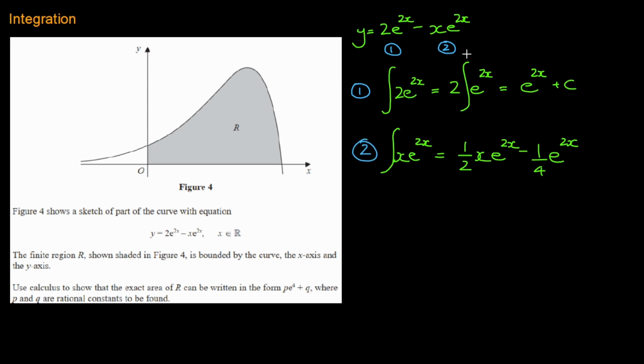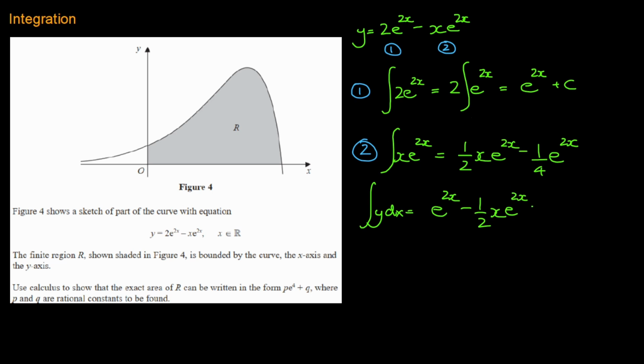of the integration of 2. So we need to pop these both together. And we get the integral of y dx is equal to the result of expression 1, which is e to the 2x. And then we subtract all of 2, which is negative a half x e to the 2x.